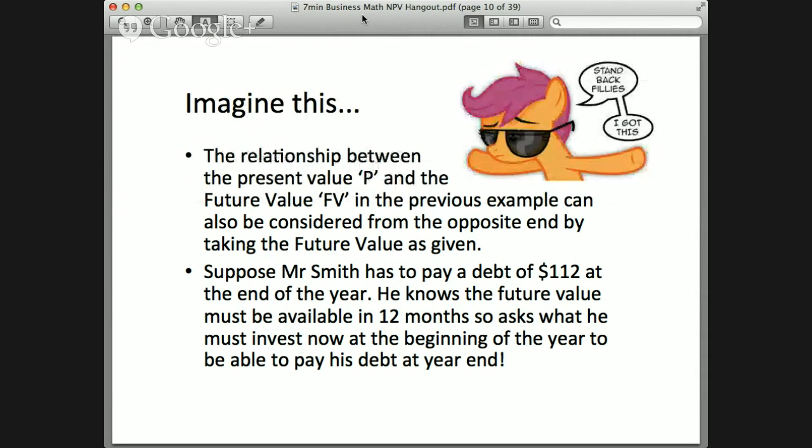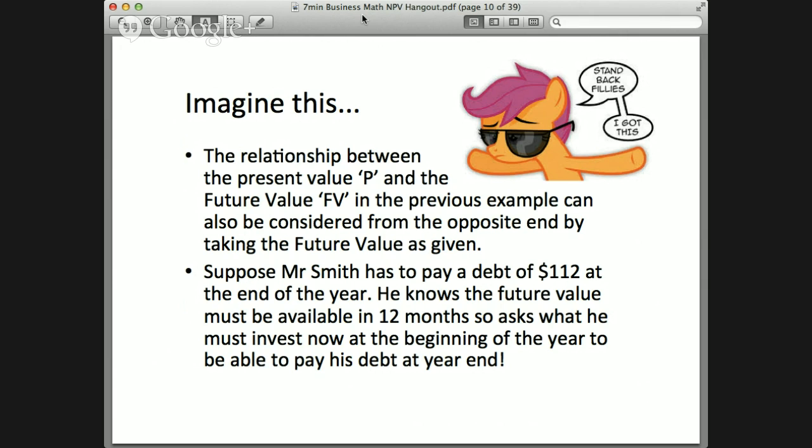Imagine this. The relationship between the present value, or the P, and the future value, or the FV, in the previous example, can be considered from the opposite end of the scale as well, from the future value. Suppose Mr. Smith has to pay a debt, and he must pay it in 12 months' time, and the debt he needs to pay is $112.